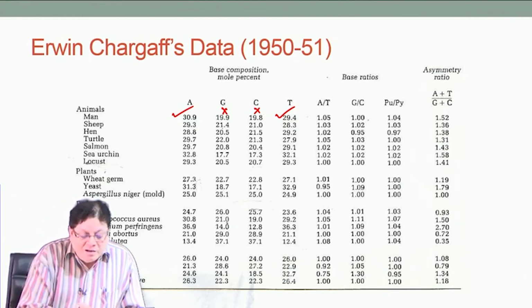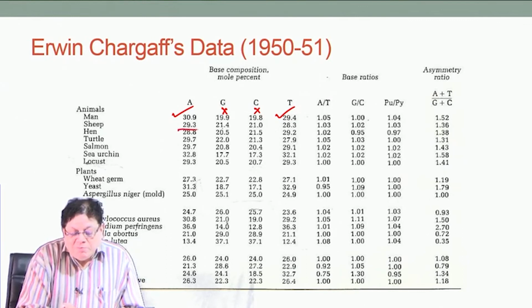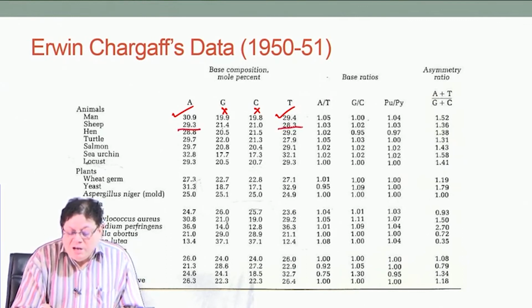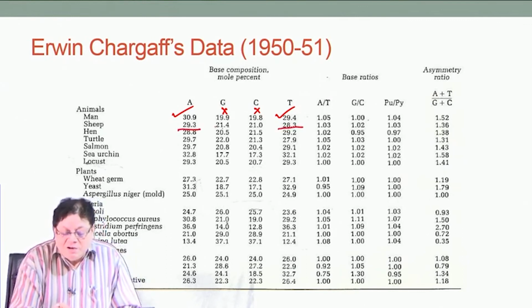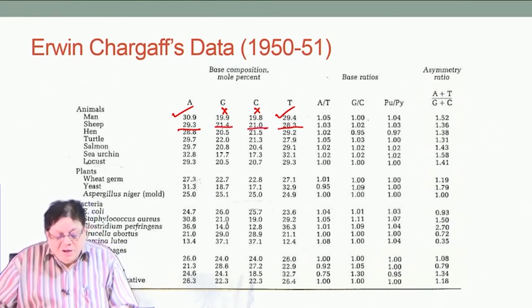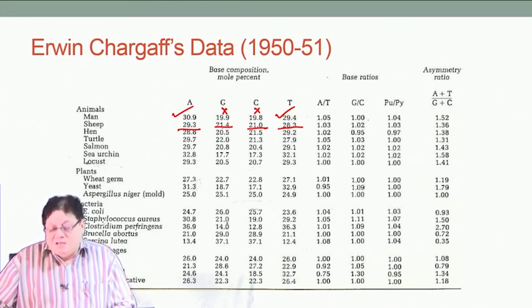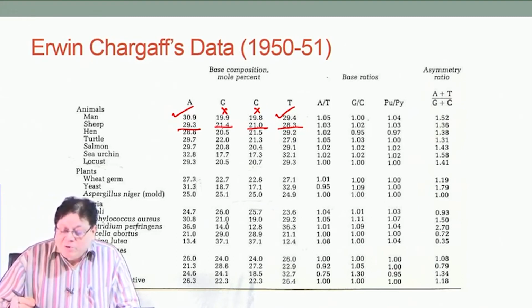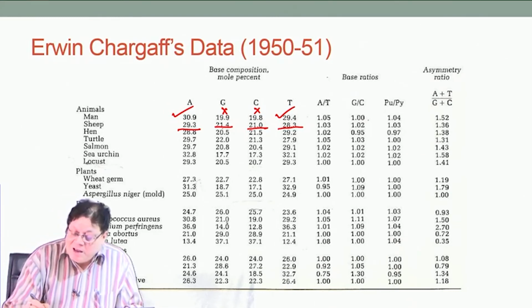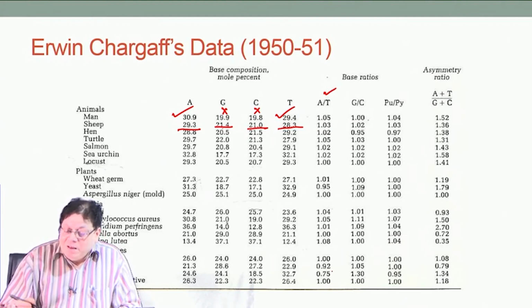Okay. So, you take some other species, say sheep: 29.3 is A and 28.3 is T, and these two are almost the same, 21.4 and 21.0. So, it was after studying the DNA of various species that he came to the conclusion that A by T is nearly 1, and G by C is also nearly 1.